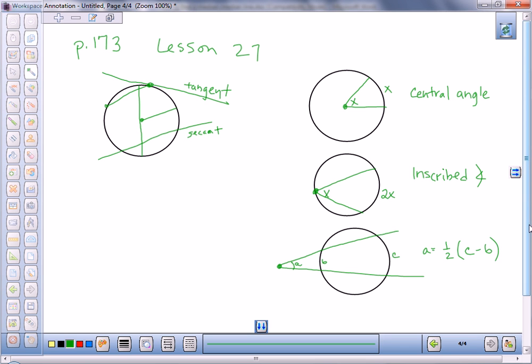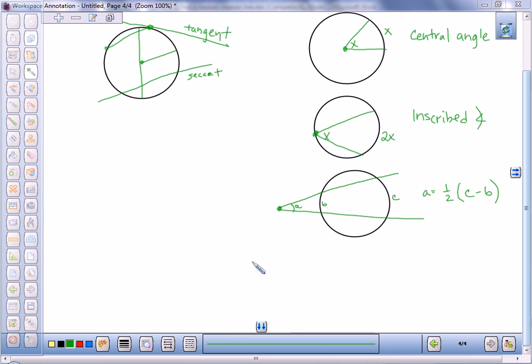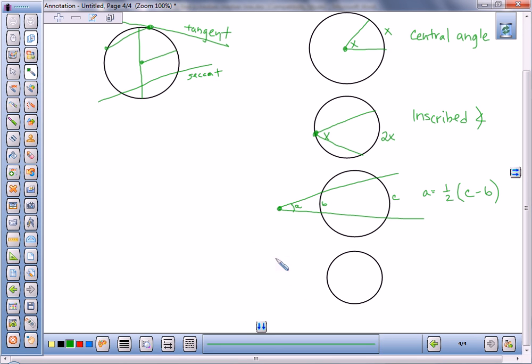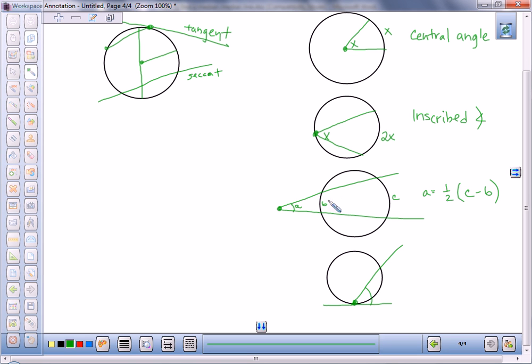Where's the circle? There it is. So a special one would be like this angle formed here. Do you see there's not an outside and an inside, there's just the outside? So this is just going to be half the intercepted arc.